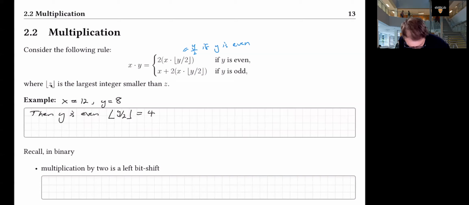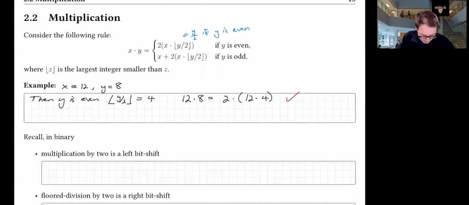And so we get that 12 times 8 can equivalently be written as 2 times 12 times 4. This is correct, it's just 96.